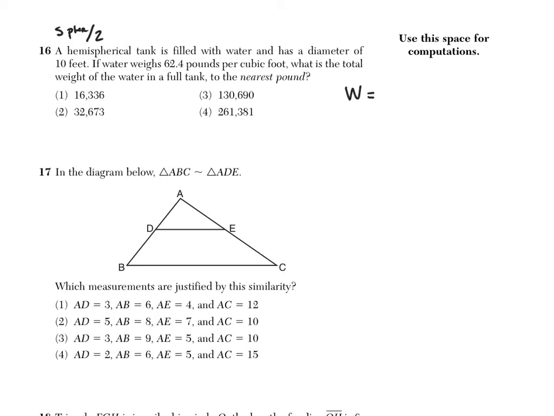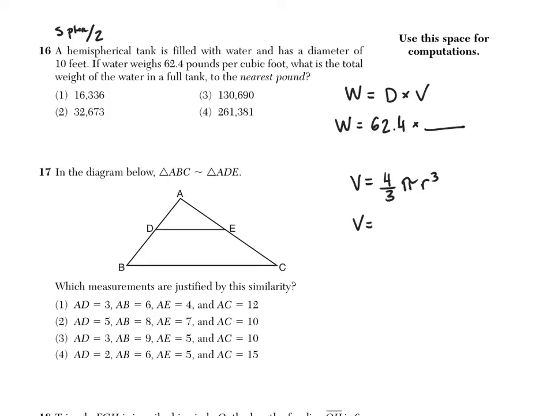Weight is equal to the density times the volume. Luckily, they gave us the density here, so we know that the density of water is 62.4 pounds per cubic foot, and now we just need the volume of the hemisphere. We'll write down our volume formula, and the Regents gives us this formula, 4/3 pi r to the third.